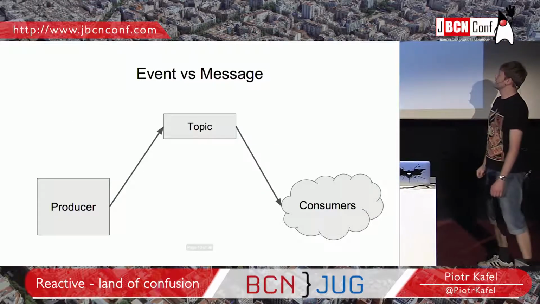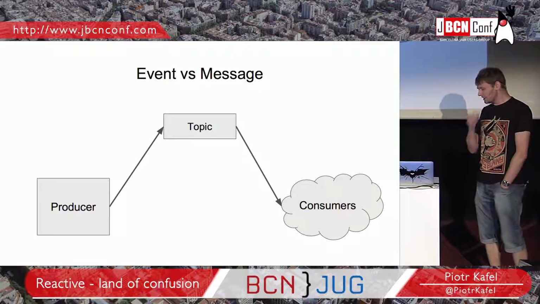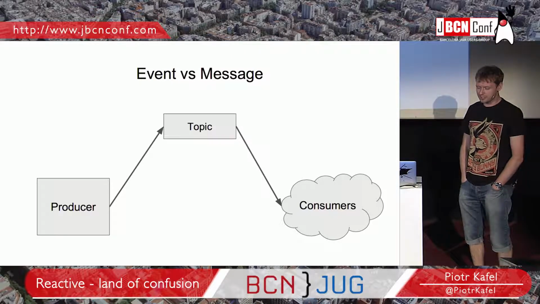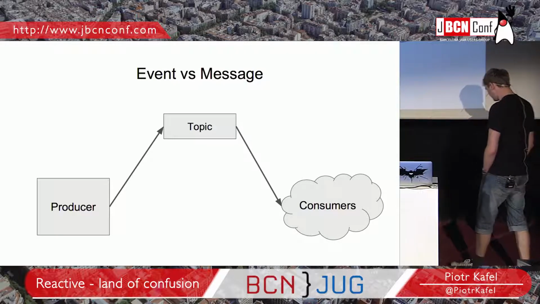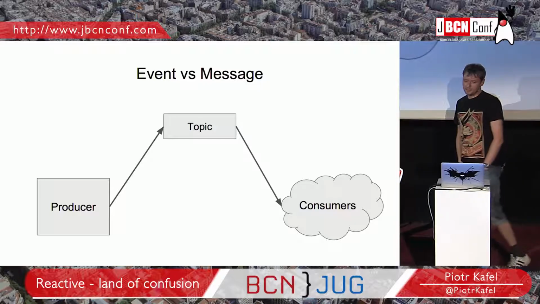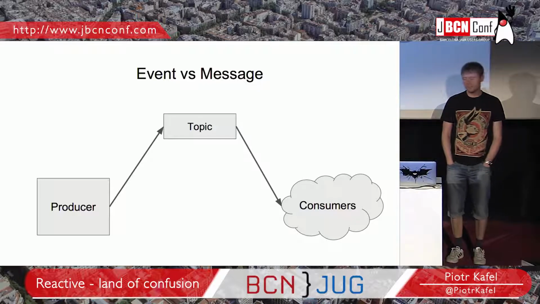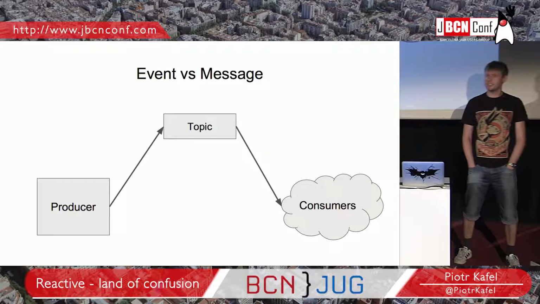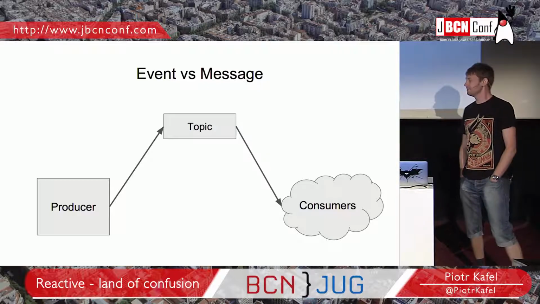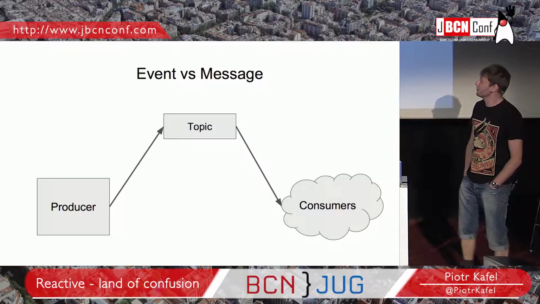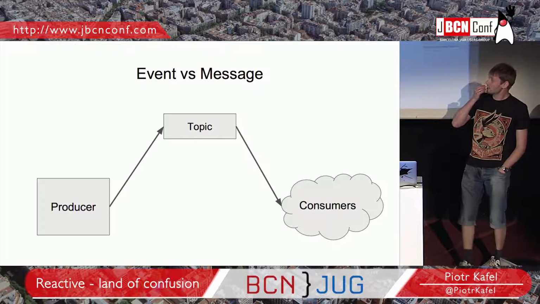Event and message. So what is the difference? Because there was message passing, and as far as I remember, in the first version of the Reactive Manifesto there was event passing, event-driven. And the difference is pretty simple.